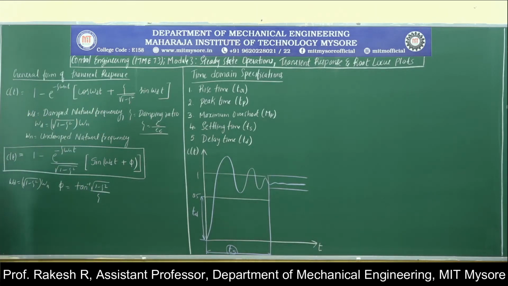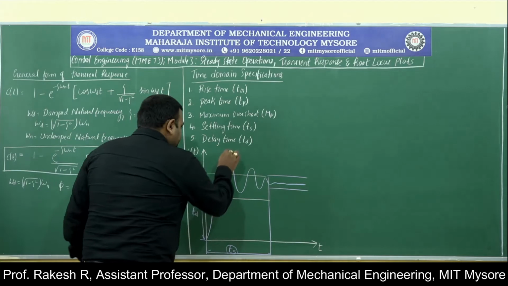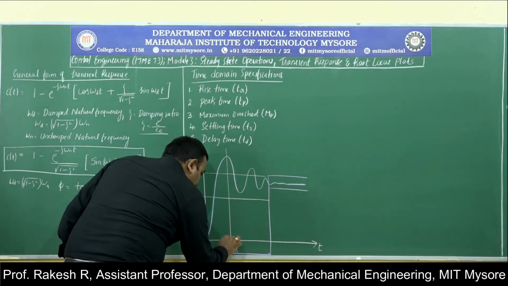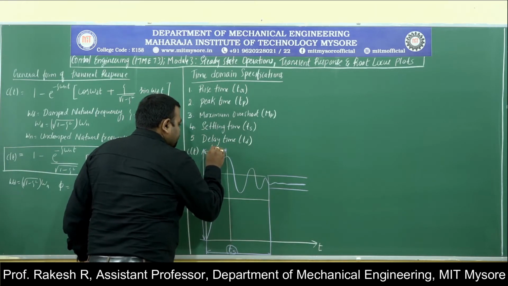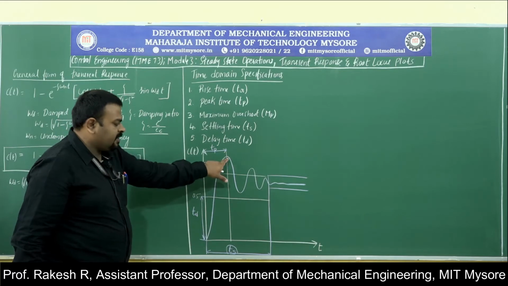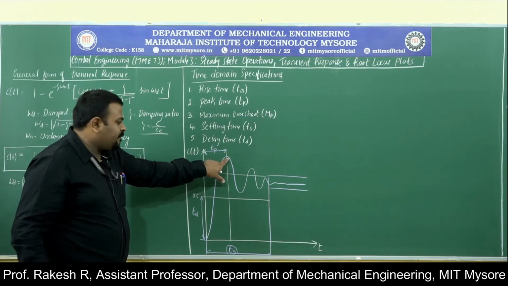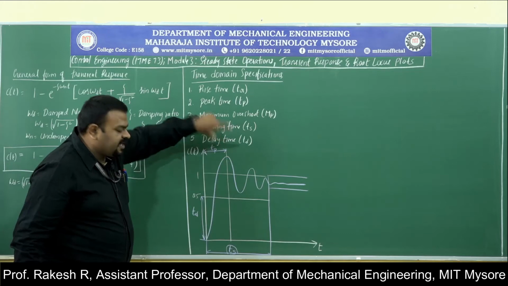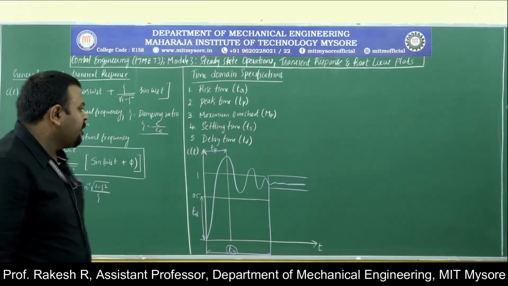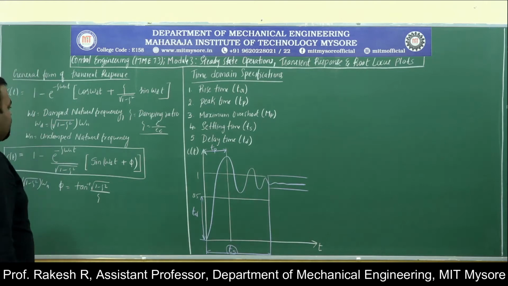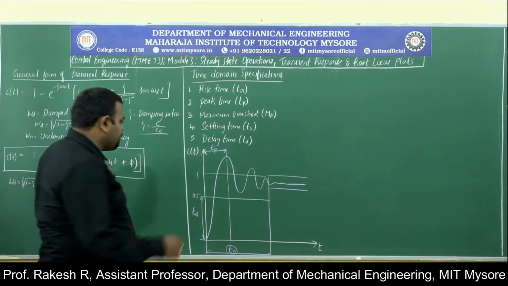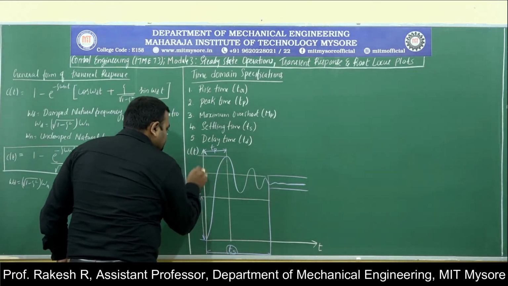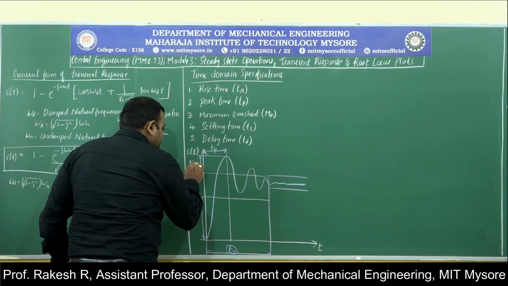Then the time required to reach the first peak, we will call the peak time. Here you are seeing the first peak, and the time required is the peak time. Then this overshoot is the maximum overshoot, which will be called Mp.